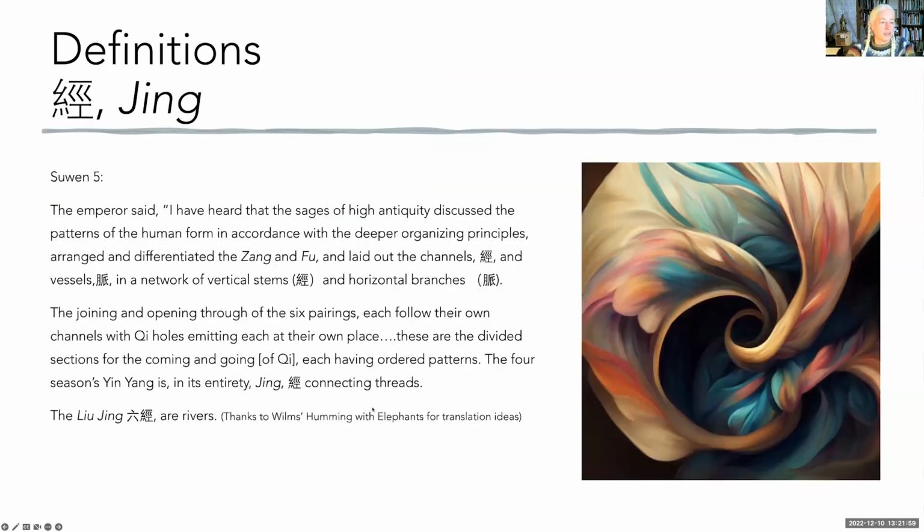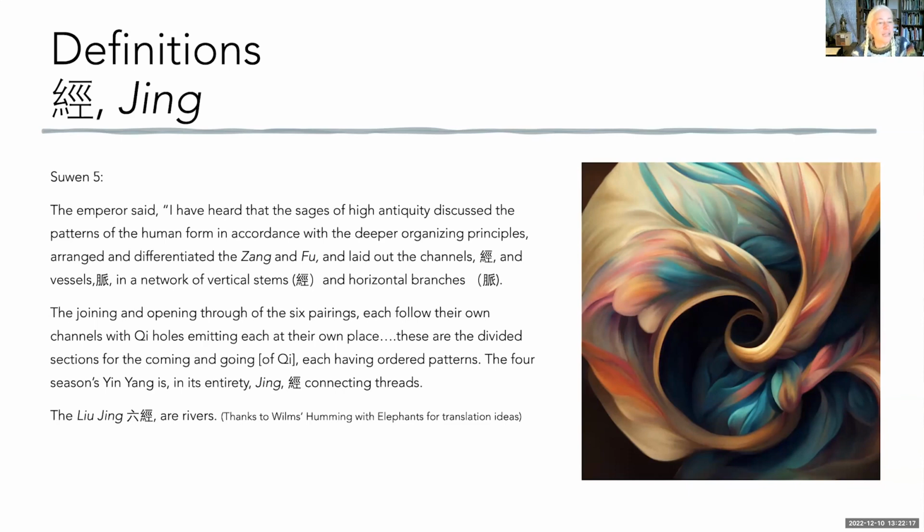what about this jing? Here I have a translation of a paragraph in Su Wen 5 that's inspired by reading Wilms's translation in Hunting for Elephants, but not just the same.